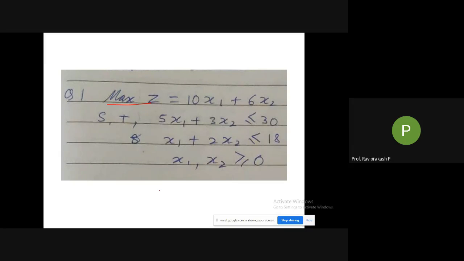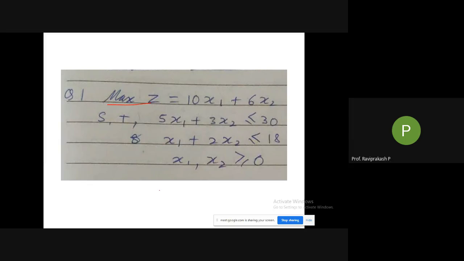So first problem, max z is equal to 10x1 plus 6x2, subject to constraints 5x1 plus 3x2 less than or equal to 30.